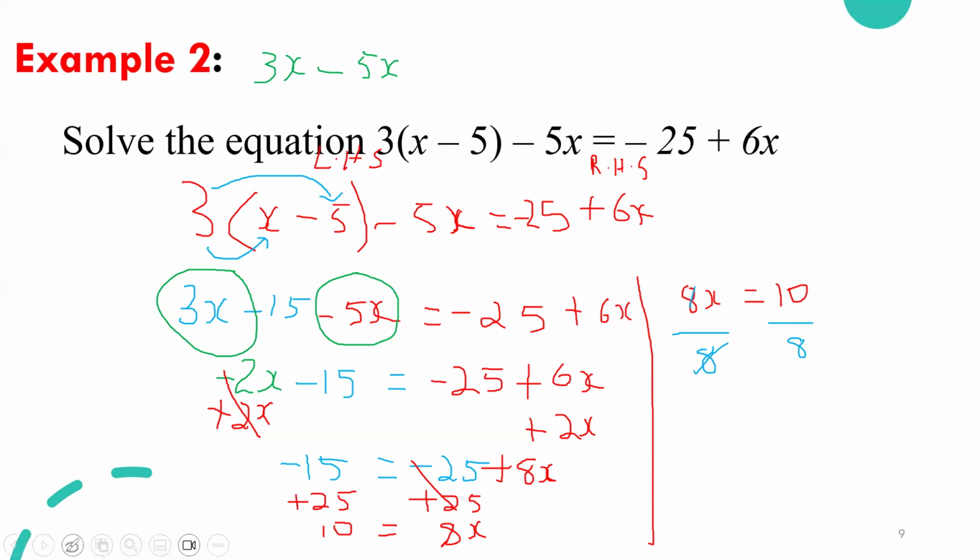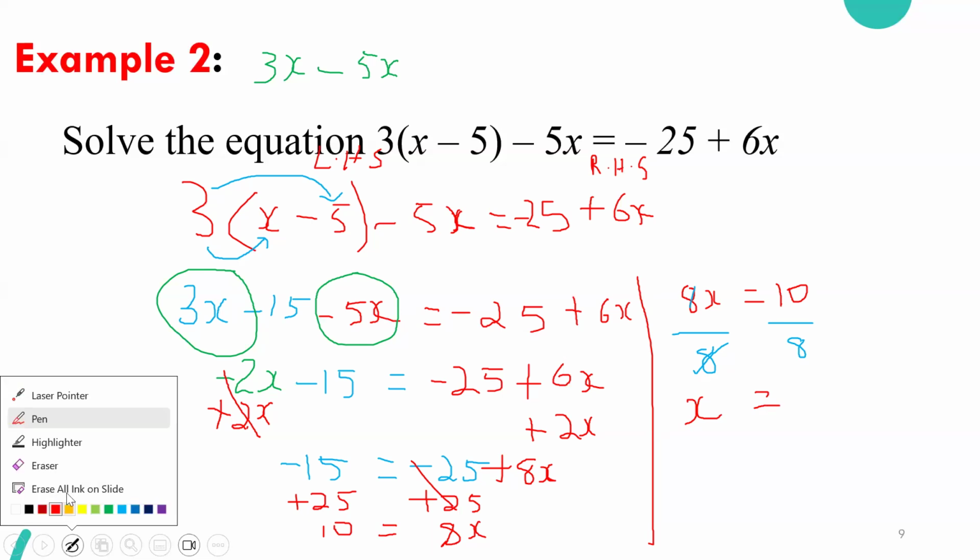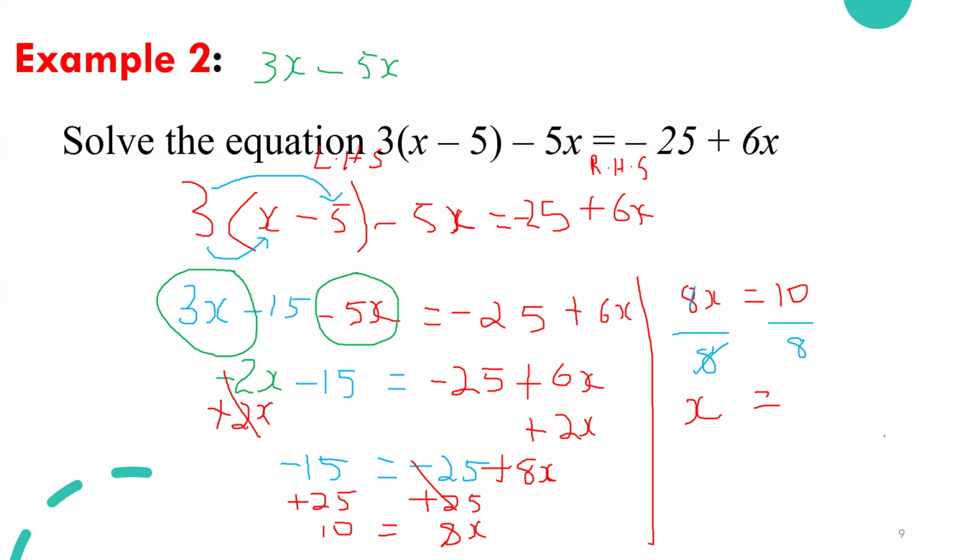I am left with just my x on the left. And if I divide that side by 8, I'm going to have 10 over 8. Or you can write it as a mixed fraction. So you can just leave it like that.